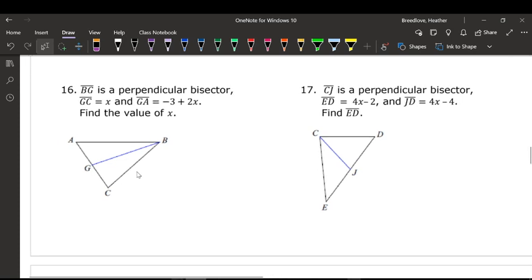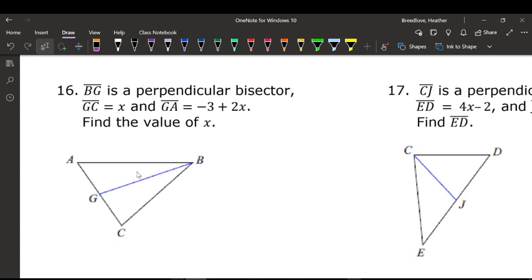All right, number 16 says that segment BG is a perpendicular bisector. Okay, that's an important word. Yes, perpendicular bisector means it meets at 90 degrees and it bisects the side. So B to G, it meets at 90 degrees and it bisects the side that it's cutting.